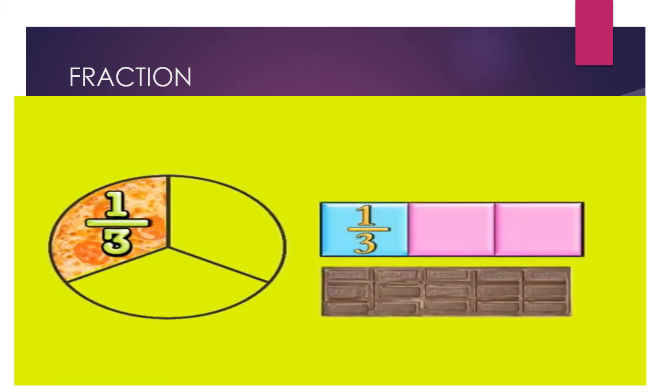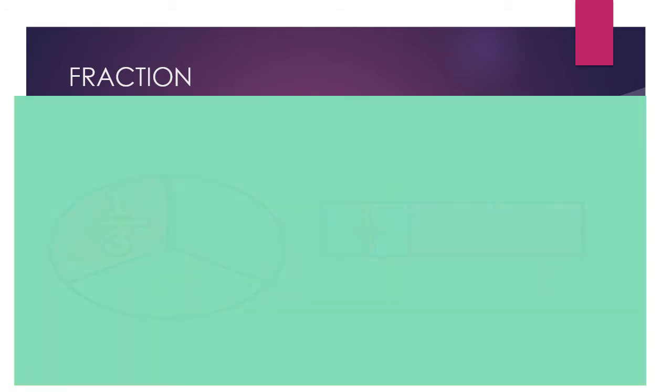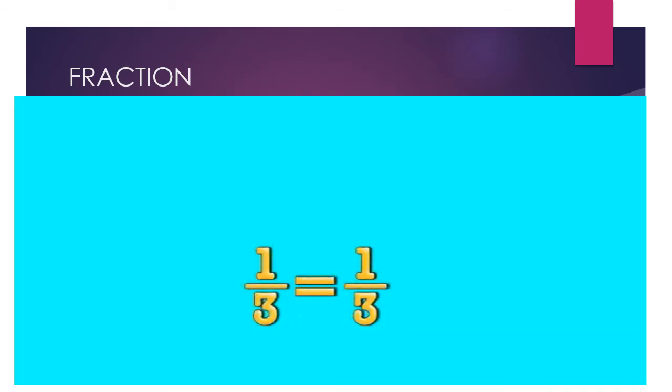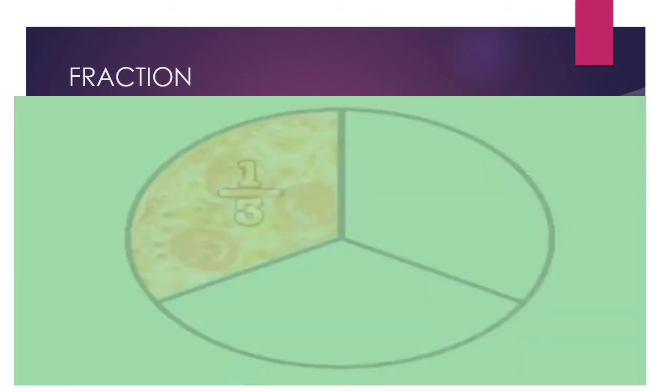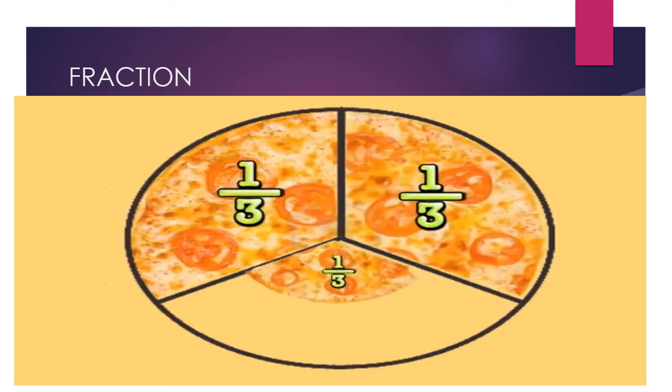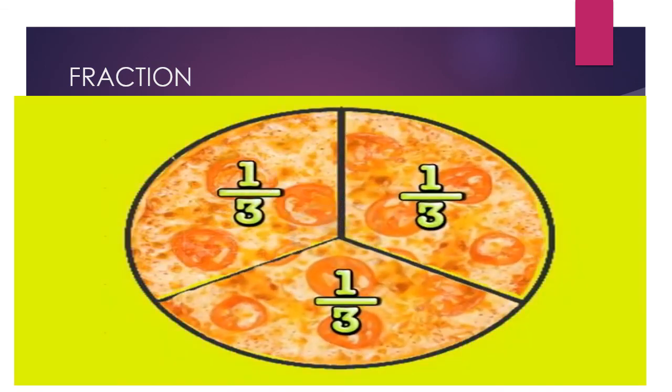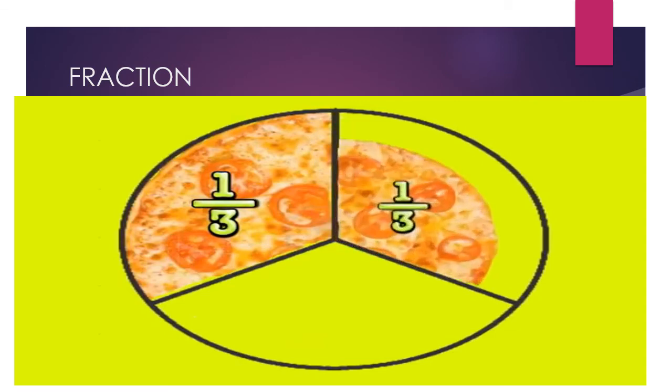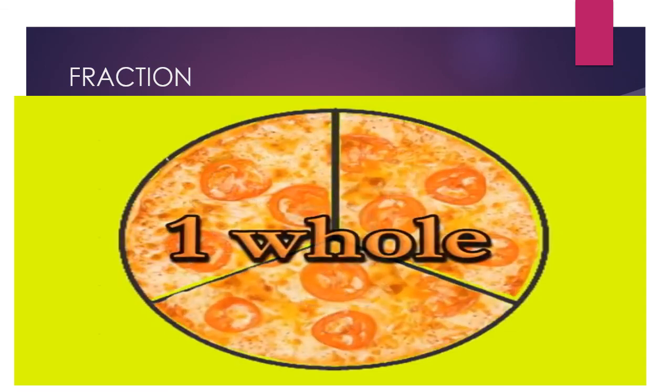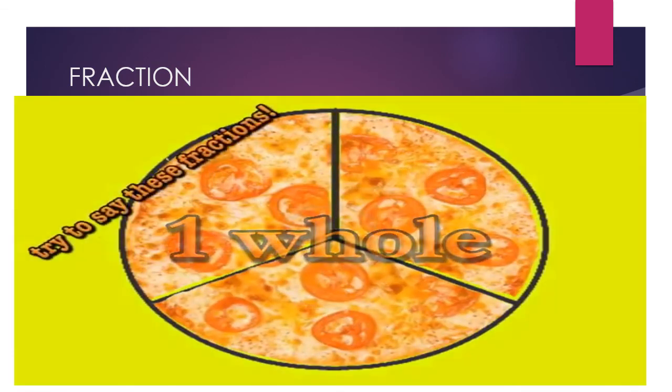Thirds of different things are different sizes by far. But a third is a third, big or small. It takes 3/3 to make one whole. 1/3, then 2/3, and 3/3. That's one whole.